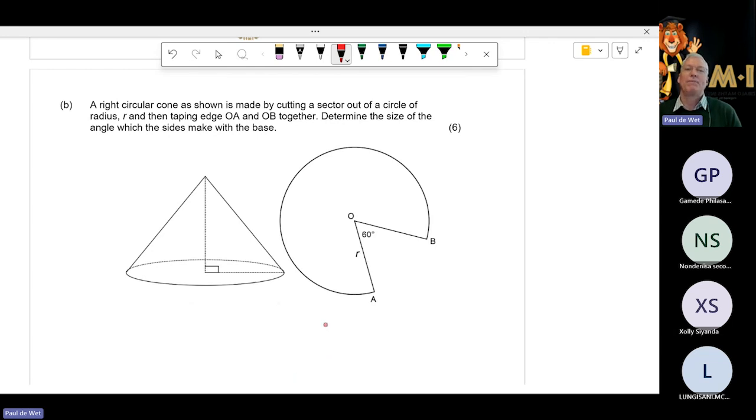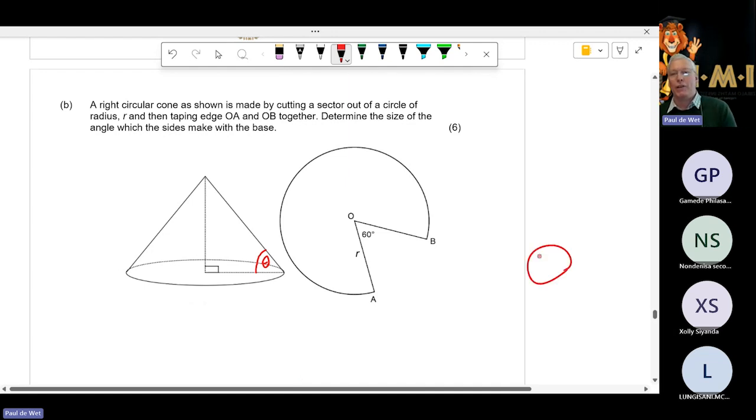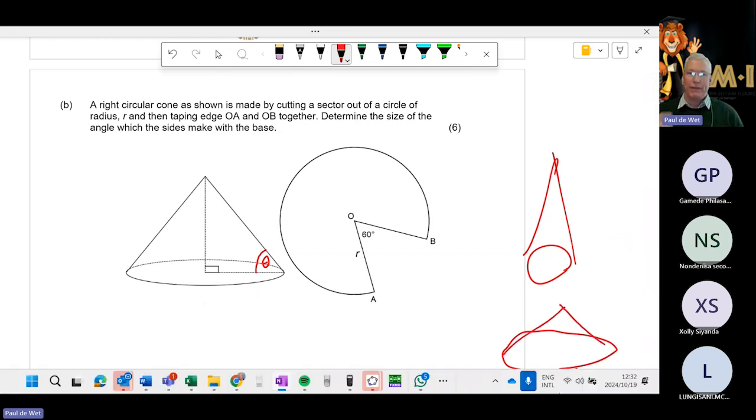Let's see if we can work out the size of the angle which the sides make with the base. That's what we're trying to find out, because we get lots of different types of cones. You get one like that, and then maybe one like that, and the angles will be different.